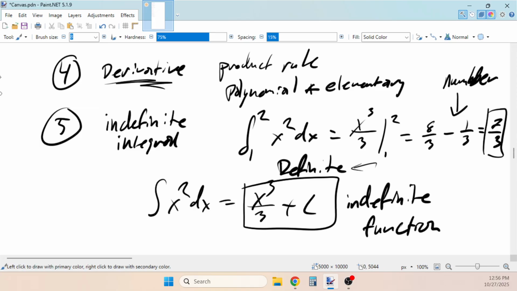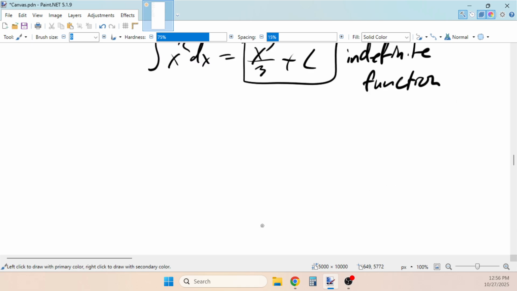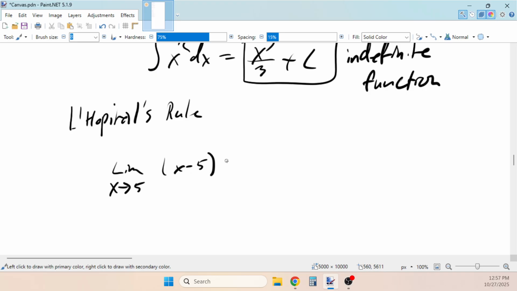Last question asked L'Hopital. Might be the limit as x goes to 5 from the right of natural log.